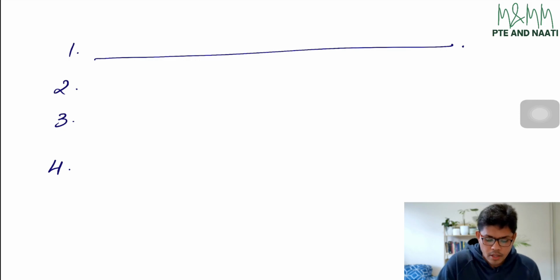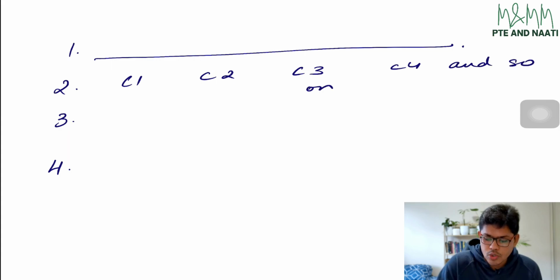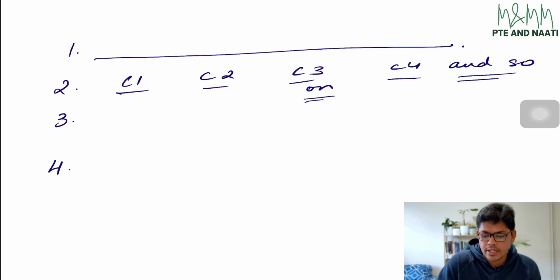Second line. It also provides information about the image in various aspects such as category 1, category 2, category 3, category 4 and so on. Now, when we say category 1, category 2, category 3, category 4 and so on, why are we saying and so on?